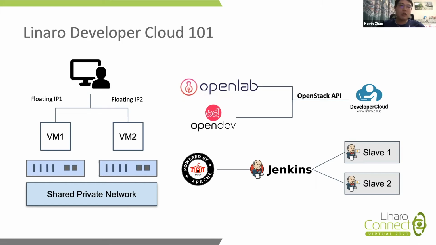In the right picture, we can see the two main use cases for us. First is OpenLab and OpenDev. They are leveraging the LDC as a node pool. When a CI job comes in from OpenLab or OpenDev, they call the OpenStack API on our LDC cloud, launch virtual machines in the Linaro Developer Cloud, and then run the tasks.